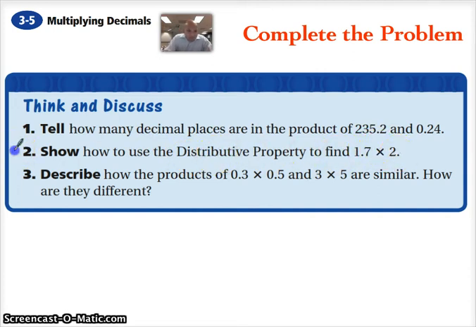Now this is a relatively difficult one. I want you to give it a try though. And then I want you to describe how the products of 3/10 times 5/10 and 3 times 5 are similar. And then you're going to describe how they're different. So you're going to have to solve those pretty simple problems. All right, we'll see you in class.